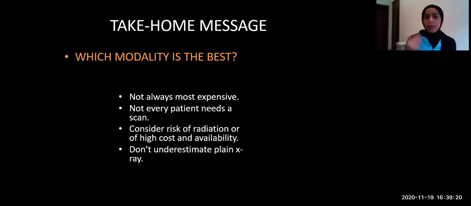So not always the most expensive modality of radiology will give you the most appropriate diagnosis. Second, not every patient needs an advanced imaging scan. Always, when you are dealing with the pediatric age group, consider the risk of radiation, high cost, and availability of the requested modality, and never underestimate the plain X-ray as a powerful informative method of imaging.